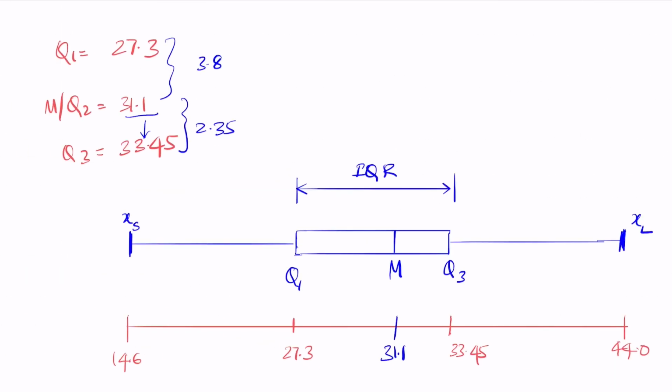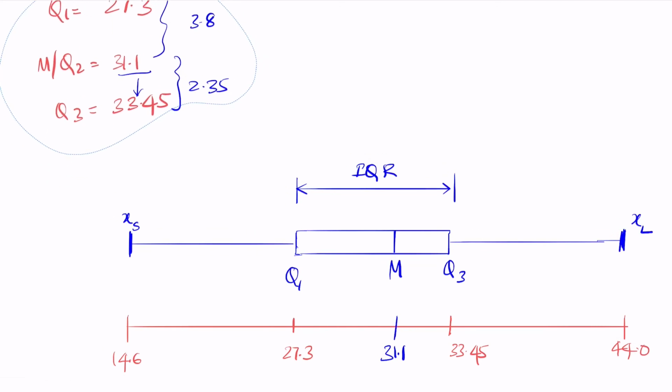Right? So I told you that this rectangle represents the interquartile range, and funny part is there is another thing that can be represented here as well.